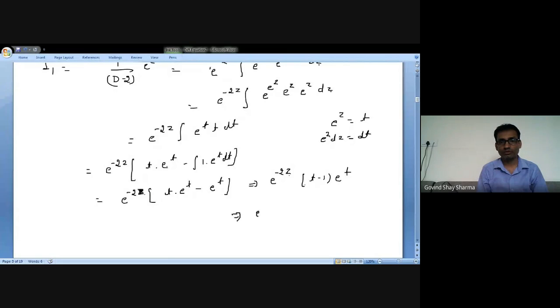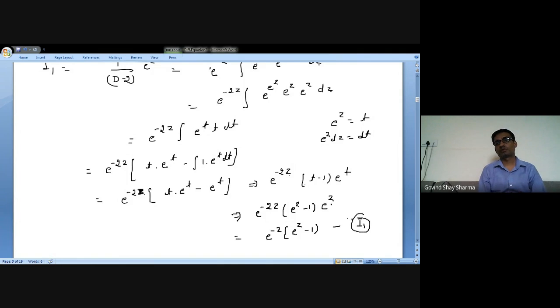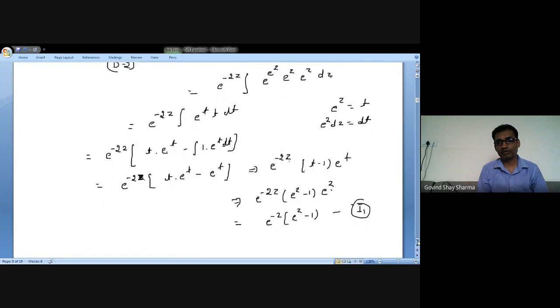So e to power minus 2z times (e to power z e to power z minus e to power z). By solution we get e to power minus z (e to power z minus 1). This is our I1. Okay.